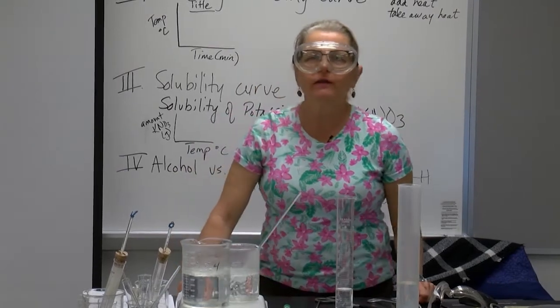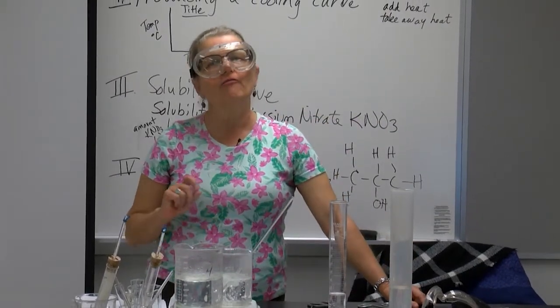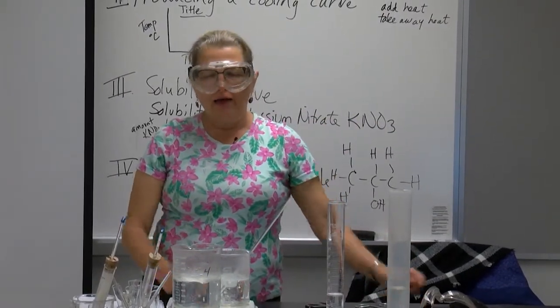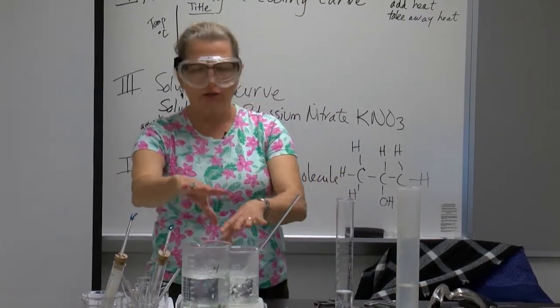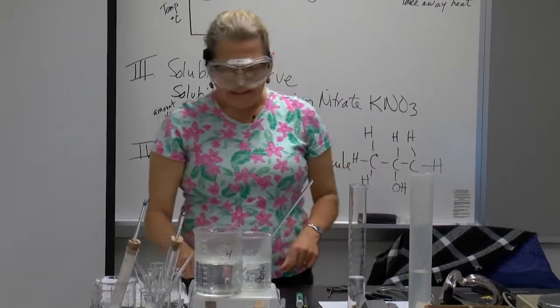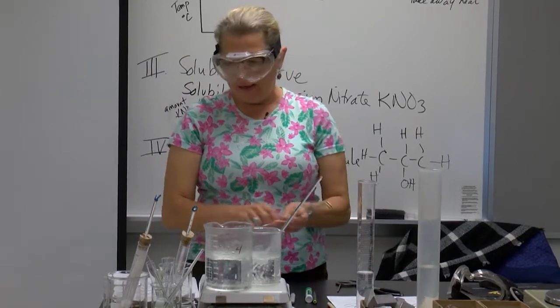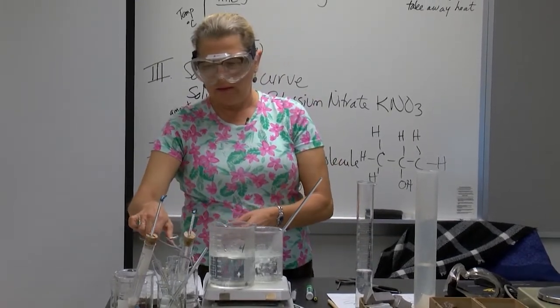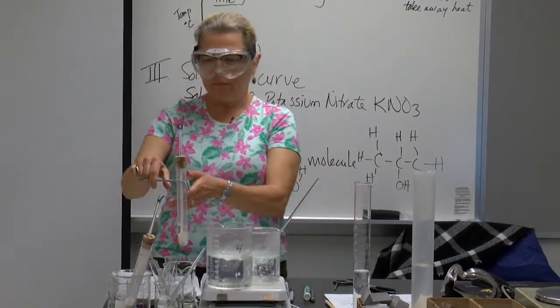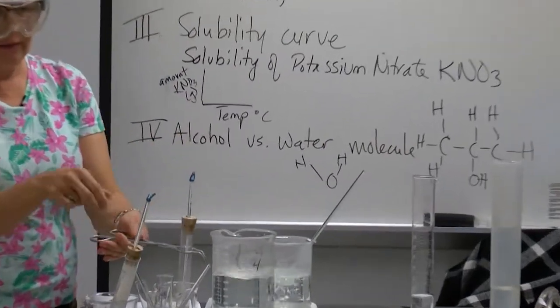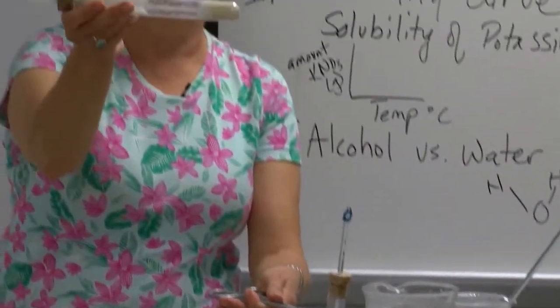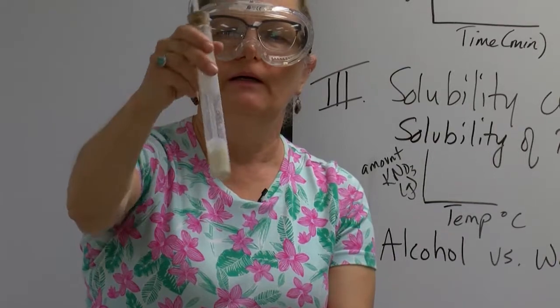Students, today we are doing the lab called the properties of matter. I've got a couple of beakers here boiling. In one of those beakers, I am going to put some stearic acid. And stearic acid at room temperature is a solid.